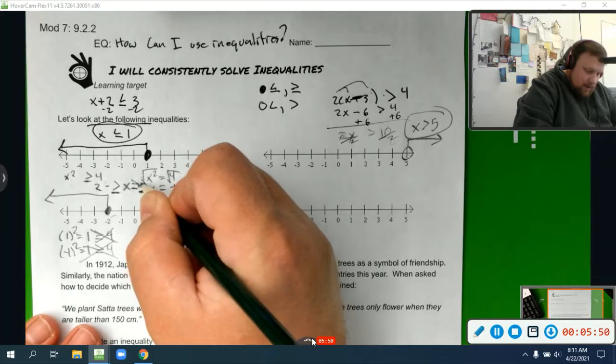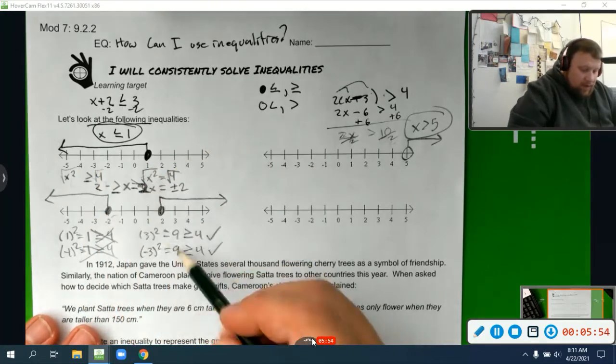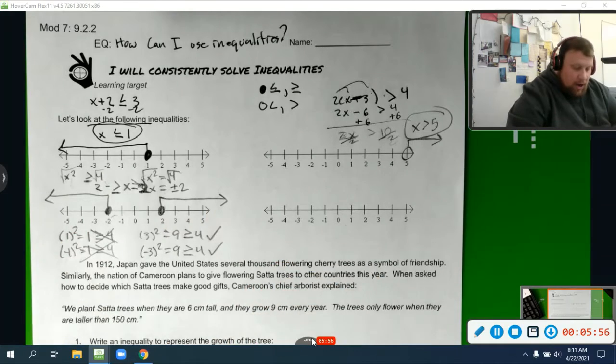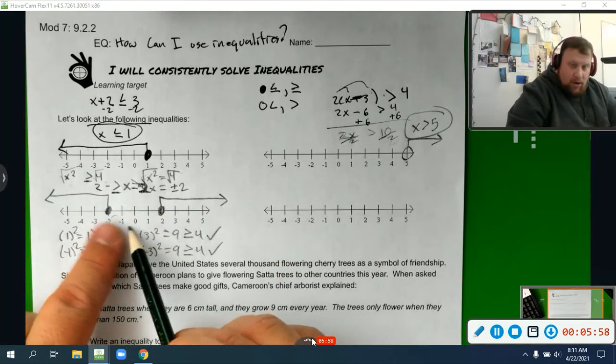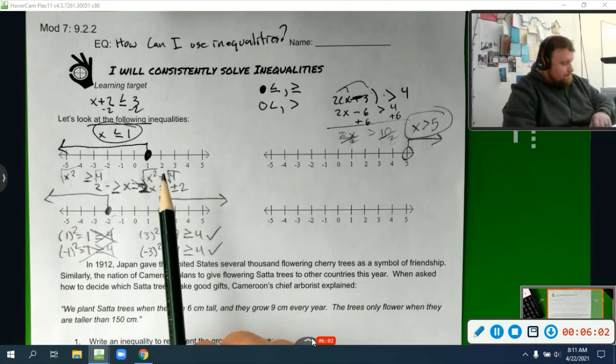My goodness, I was having a moment. So we'd still do the square root, but then we have to evaluate what's going on there and realize there's a gap here where it's not true, but out here it is true. Okay?